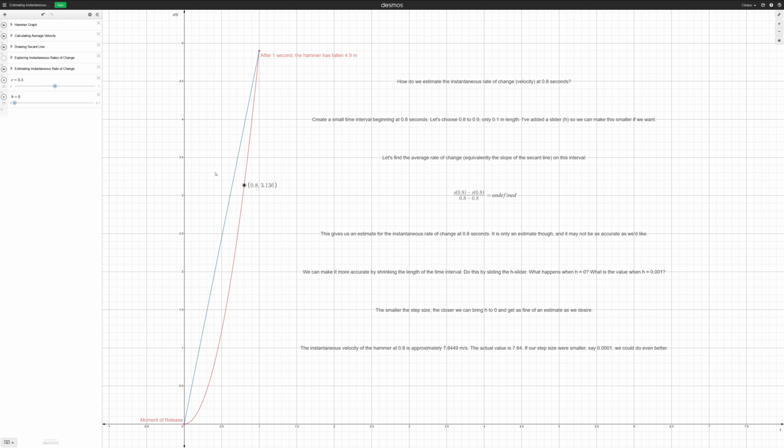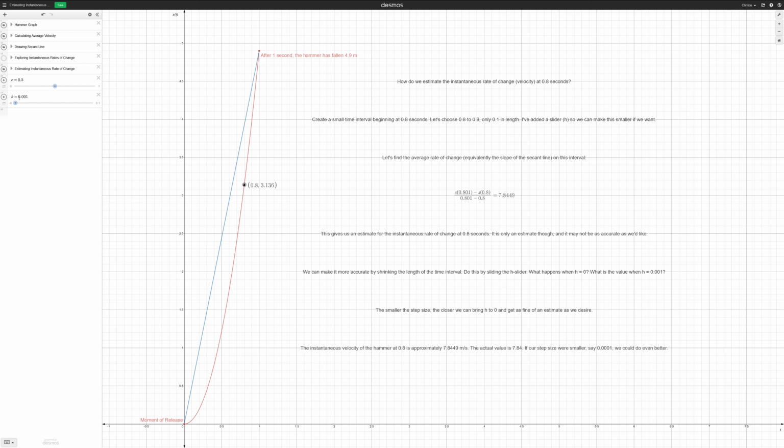Is there a unique line that goes through one point? No. There's an infinite number of lines that go through this point. You can think of it as a whole circle's worth of lines. So we can't actually do that.